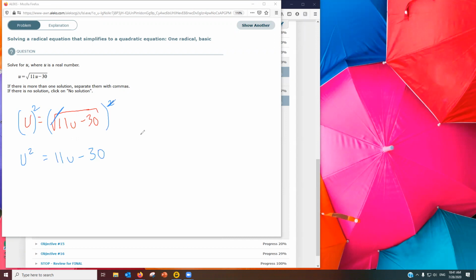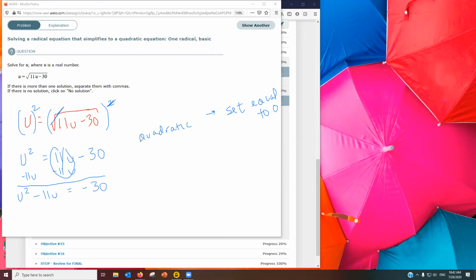All right, well, now this is leading me to a quadratic equation. And for a quadratic equation, remember the first step is you want to get the equation set equal to 0. So here's what I'm going to do. I'm going to subtract 11u from both sides to get started. That's going to give me u squared minus 11u equals negative 30.